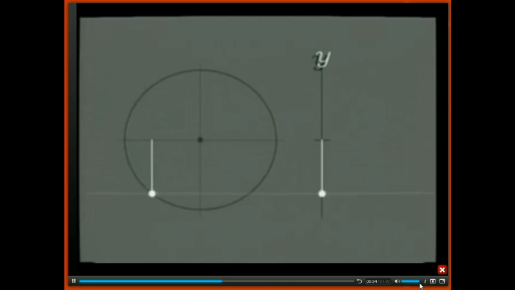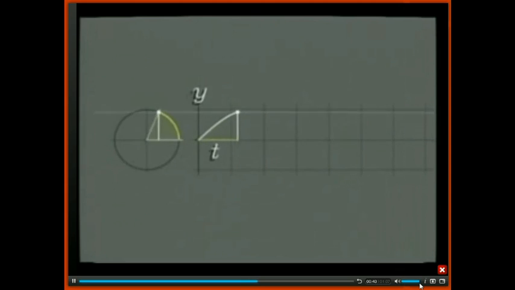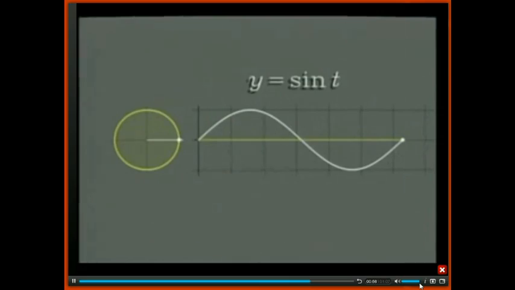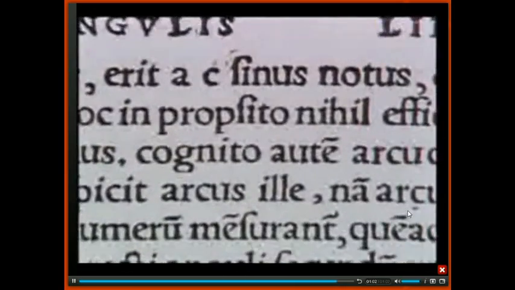When you plot y against the angle t, you get a graph called a sine curve. The number y is called the sine of t, and written this way: y equals sine t. The word sine is the English form of the Latin word sinus, which means bend or curve.